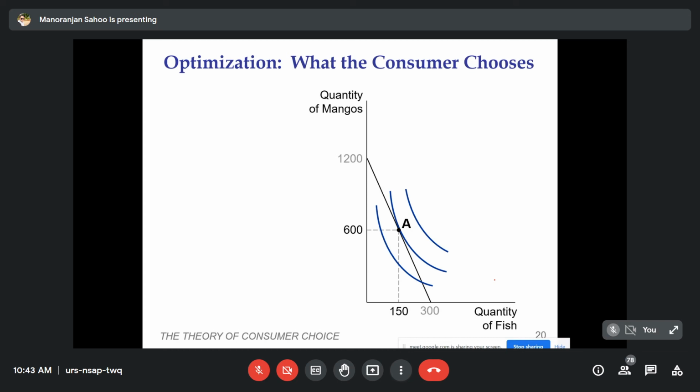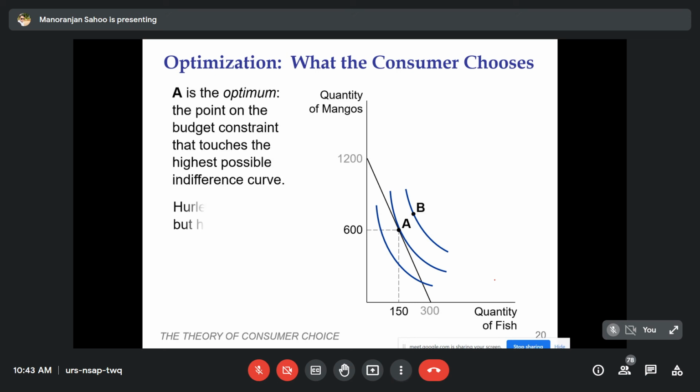Now given the budget line and given the indifference curves, which combination will be the consumer's equilibrium combination, where the consumer will achieve the highest possible happiness given his budget? Now we'll see. Suppose point B or combination B, it is upon a higher indifference curve or the highest indifference curve here.